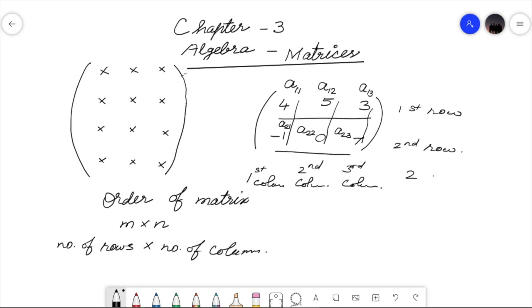And how many columns? 3 columns. So the order of the matrix is 2 cross 3. And see how many elements are there? 1, 2, 3, 4, 5, 6. So how to calculate it? Number of rows into number of columns. 2 3s are 6. So 6 elements are there in this matrix and the order of this matrix is 2 cross 3.